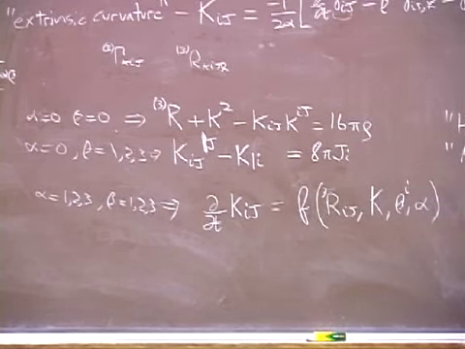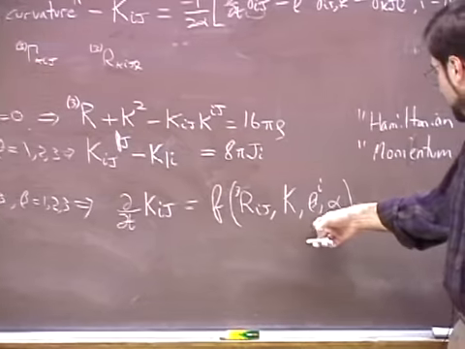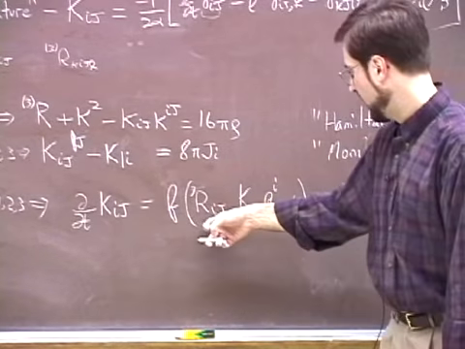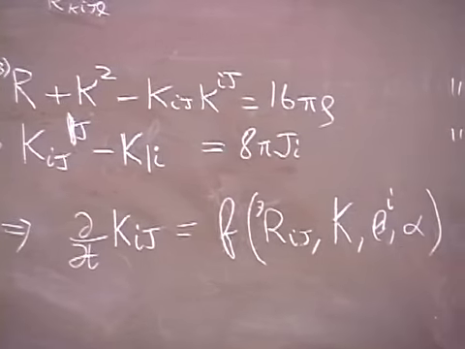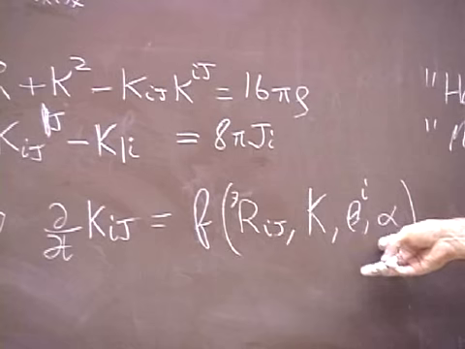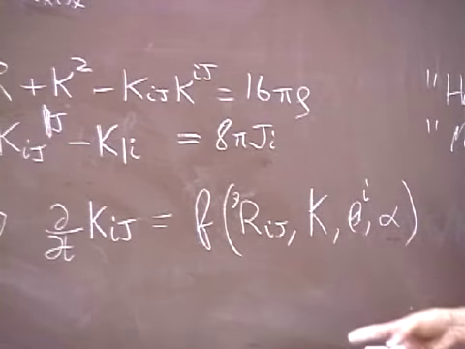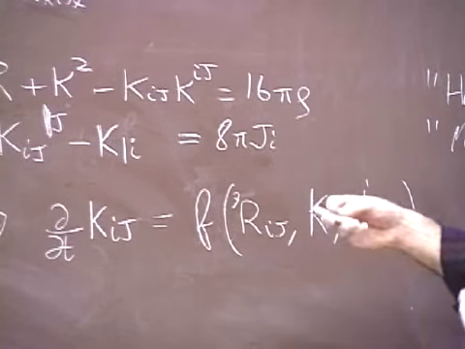Which of those is it linear in? It's linear in betas and alphas, but alpha is multiplied by all kinds of other things. It's nonlinear in K, and this Ricci tensor is nonlinear to begin with.